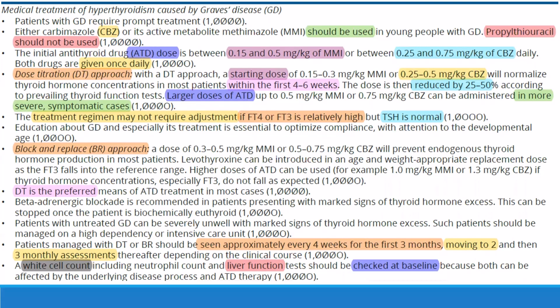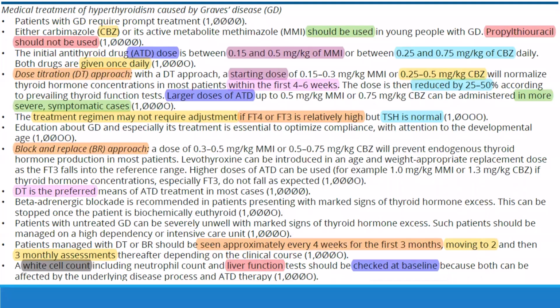We have two regimens or approaches for management of Graves' disease in adults and pediatrics. The first one is the dose titration approach, and the other one is the block and replace approach. What about the dose titration approach? In this situation, I will start with carbimazole 0.25 to 0.5 milligram per kilogram, which will normalize the thyroid hormone in most pediatric patients within 4 to 6 weeks.